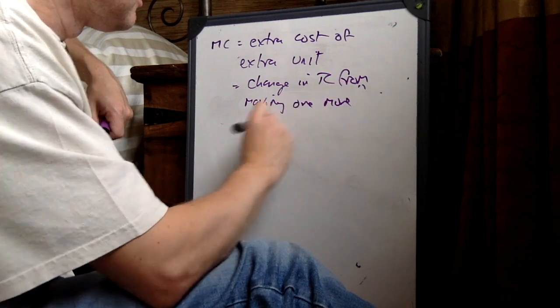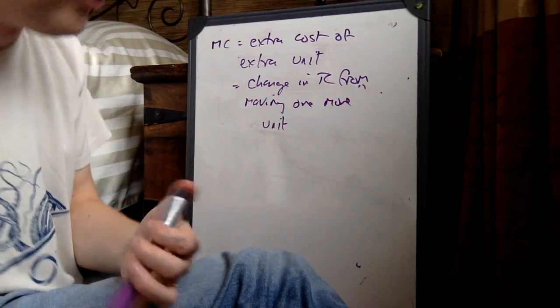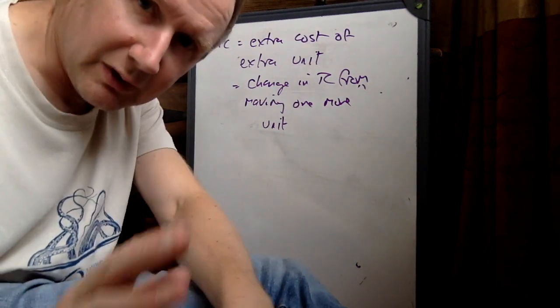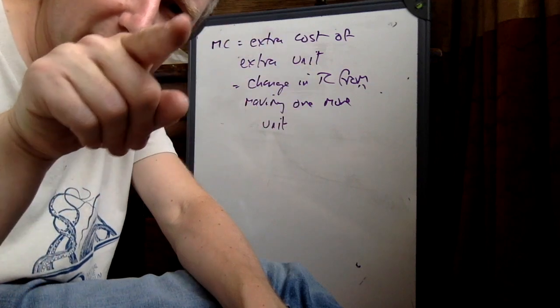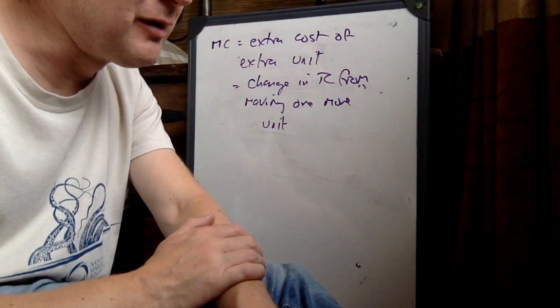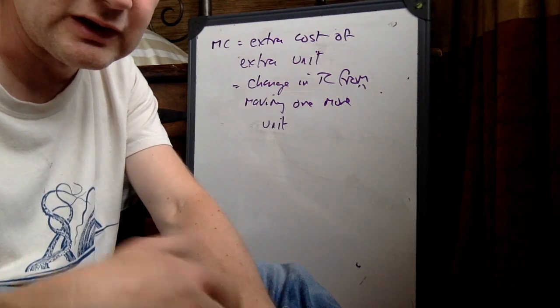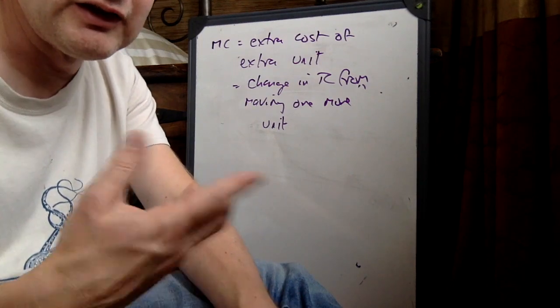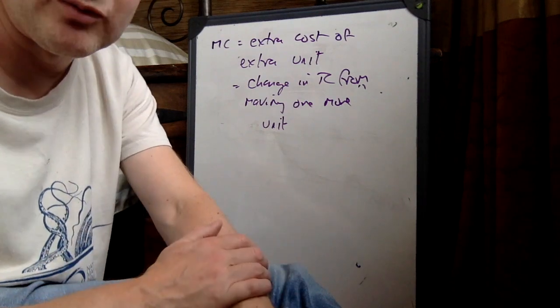What we know then is that initially each worker is becoming more and more efficient. In that bit where marginal product was starting to rise, each worker is more efficient than the one before. Productivity is increasing, efficiency is increasing, and therefore what we should see is that each extra unit costs less than the one before.